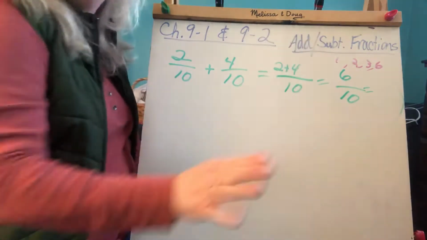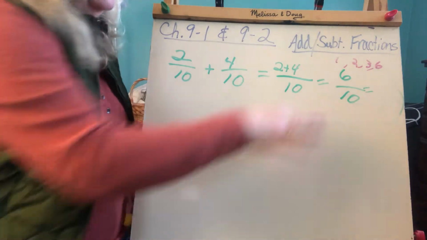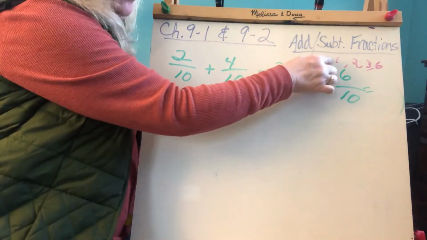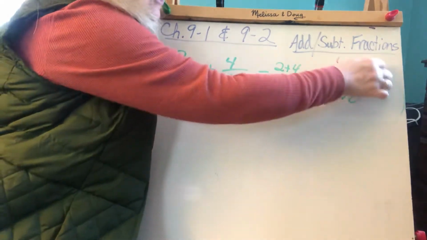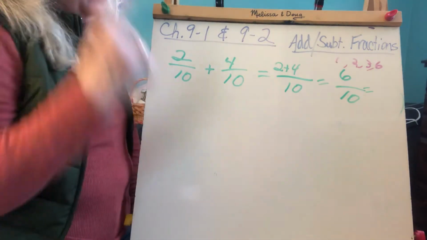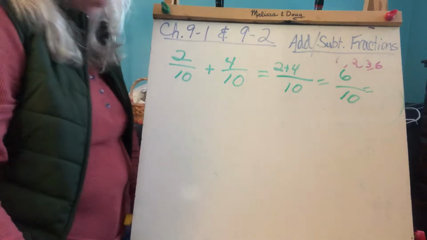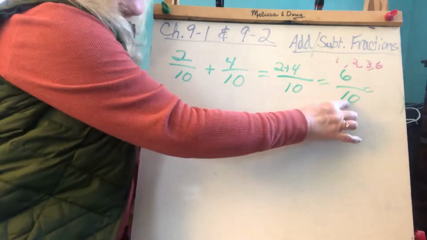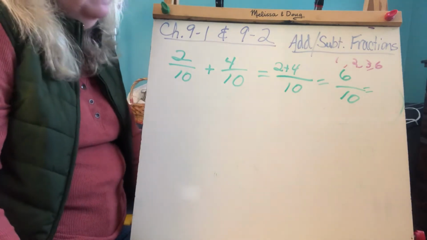Now we know we can't use 1 because if you divide anything by 1, you get the exact same answer again. And every single number has 1 as one of its factors. Are any of these other factors, 2, 3, or 6, also factors of 10? And what I mean by that is, can you multiply one of these numbers by some other number and get 10 as your answer, just 10 even?